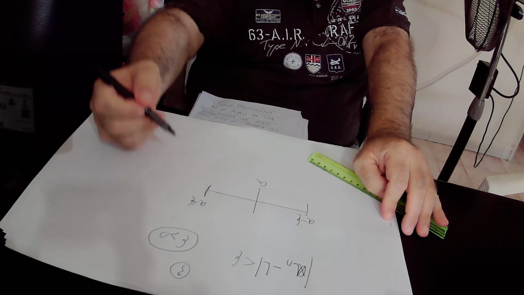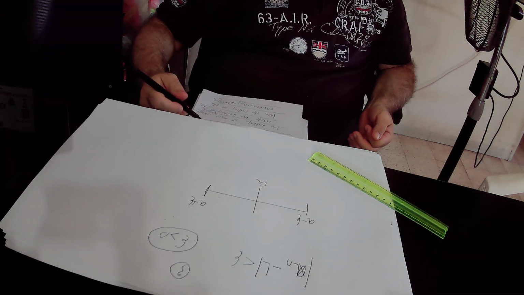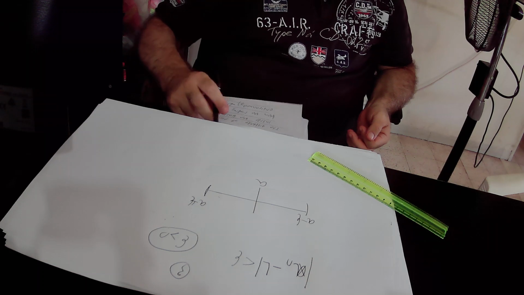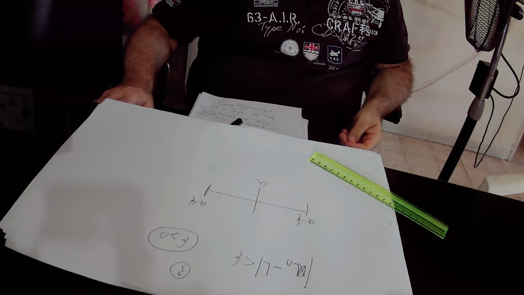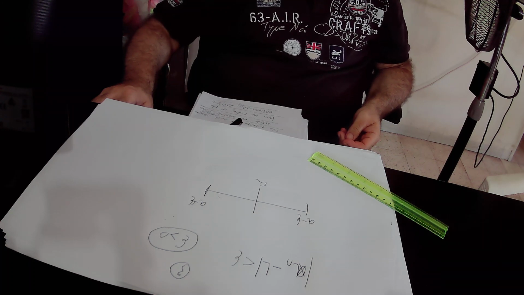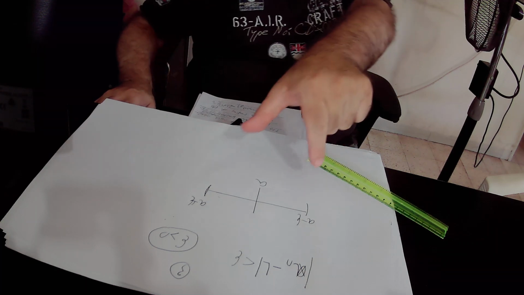So if the limit of any sequence is equal to A, then most of the members of the sequence must be located inside these brackets.